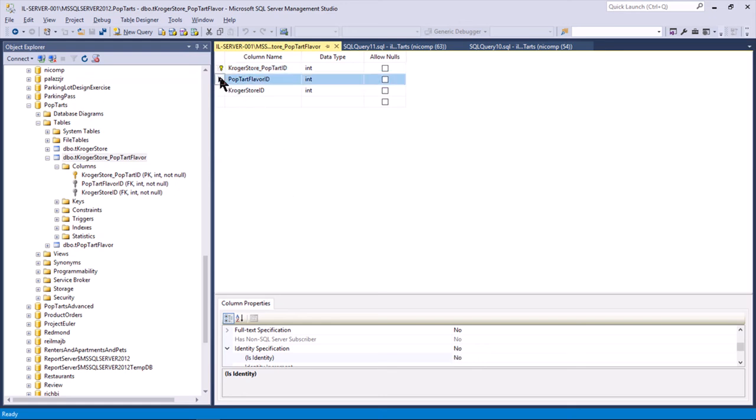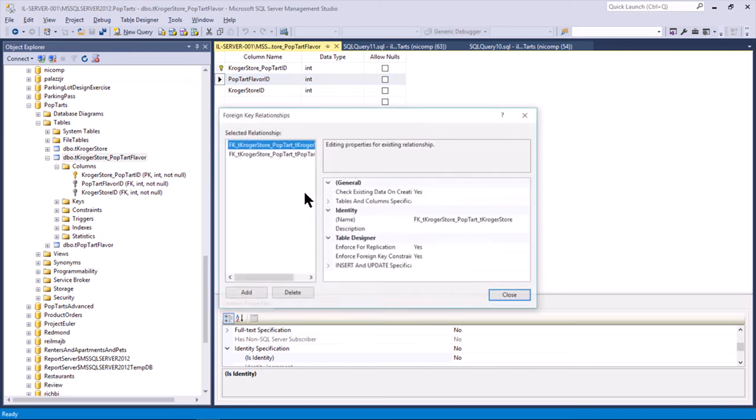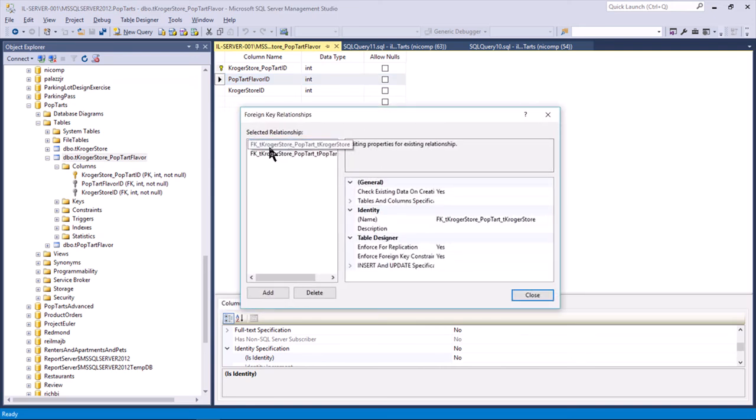The foreign keys don't really, beyond the semantic value of the names, tell you that they're foreign keys. So we can look and see under relationships that there is a foreign key called FK Kroger Store Pop-Tart. That's a name made up by SQL Server. We just leave it that way because it's a pretty descriptive name.